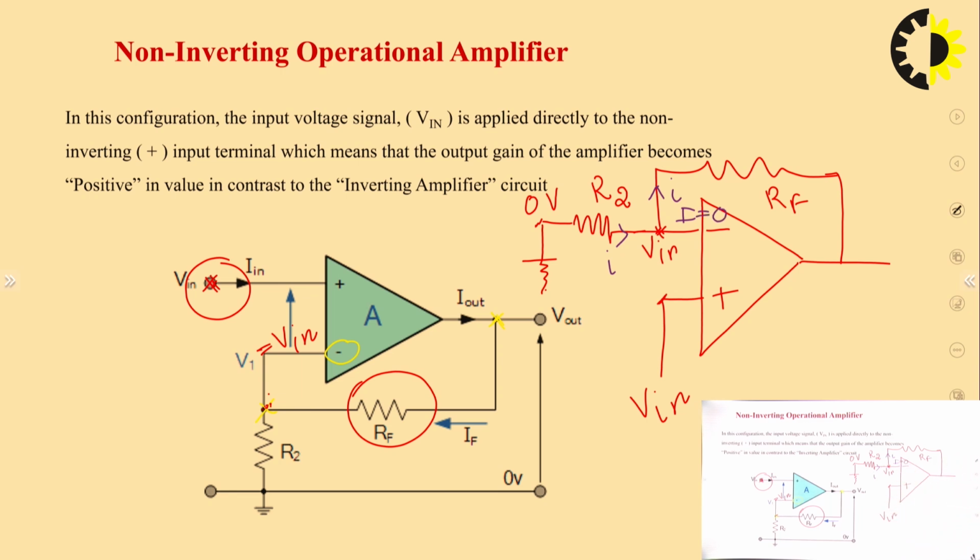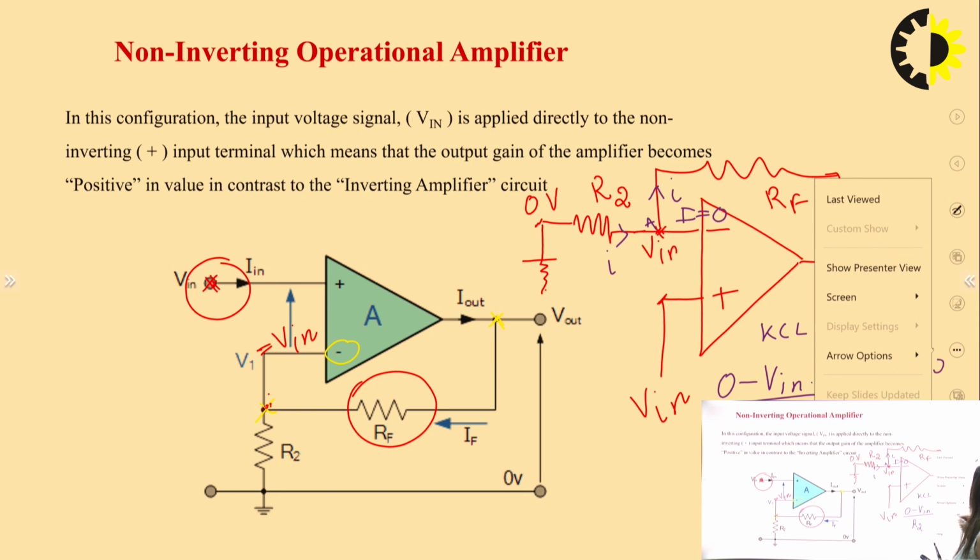Now I will apply KCL again at point A. 0 minus V in upon R2 is equal to V in minus V output upon RF.